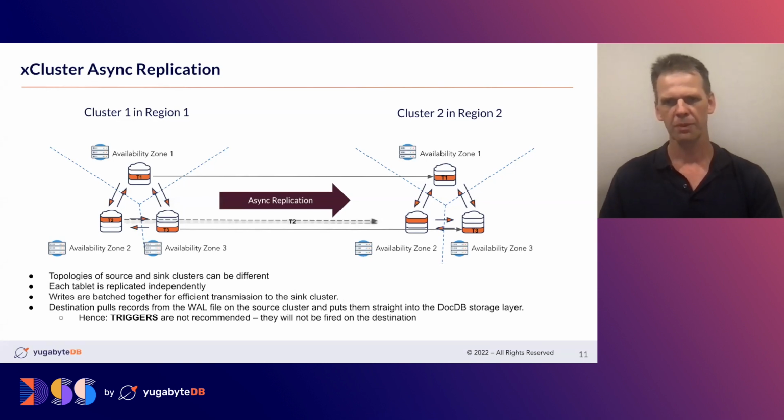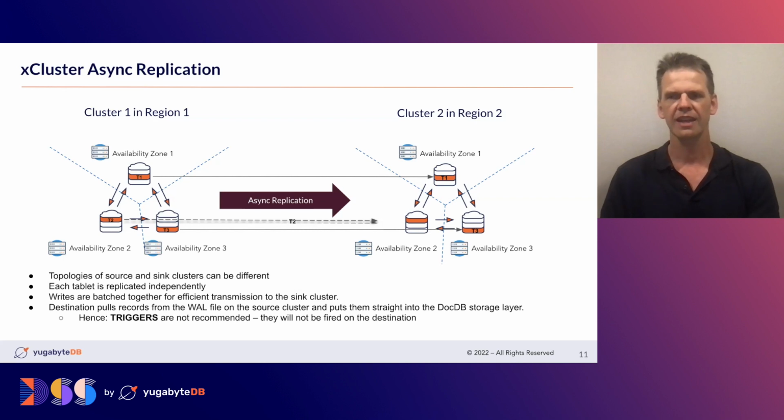When we do this sort of replication, and it doesn't really matter whether we're using SQL or the Cassandra CQL style interface here, the destination is pulling the records from the WAL file on the source cluster and then inserting them directly into our underlying storage layer. We have effectively a key value database called DocDB underneath that, which stores the data.